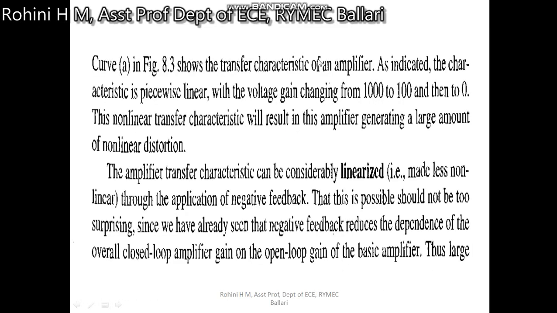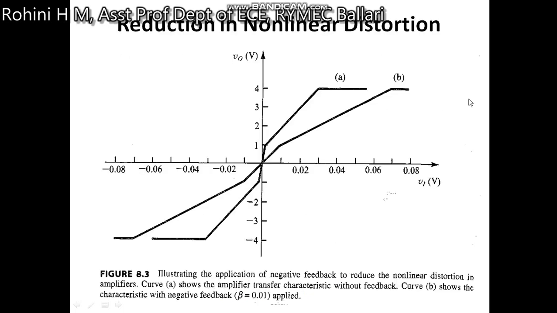So curve A shows the transfer characteristics of an amplifier. As indicated, the characteristic is piecewise linear with the voltage gain changing from 1000 to 100 and then to 0. So here in curve A the voltage gain is piecewise linear. Here first, second, third, linear only, piecewise linear.